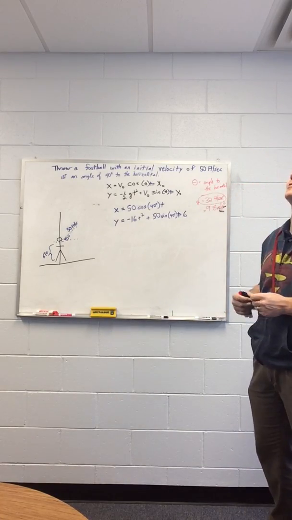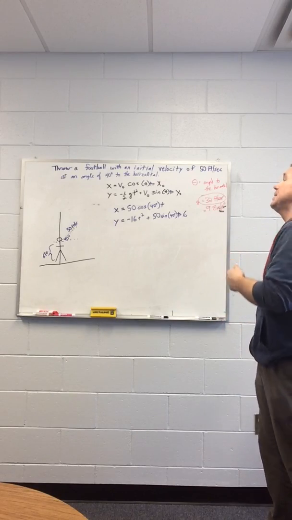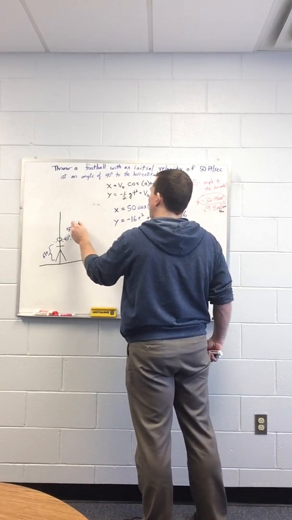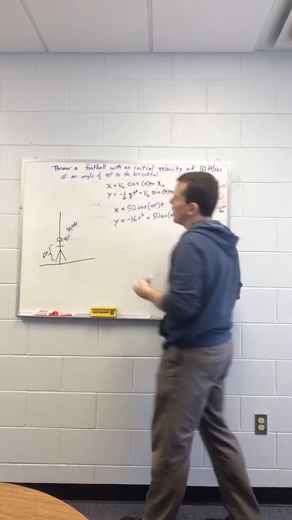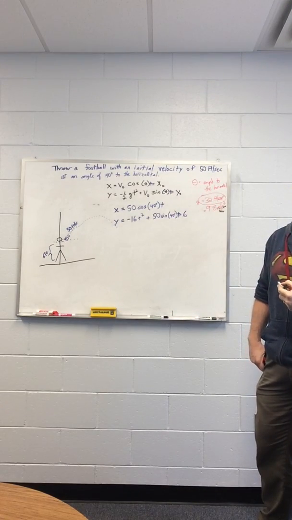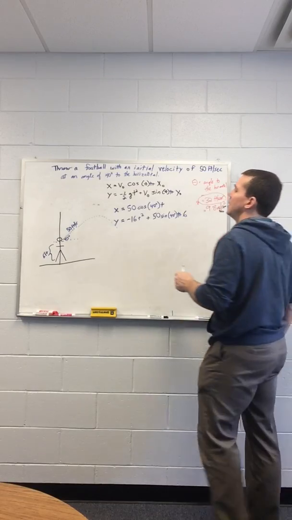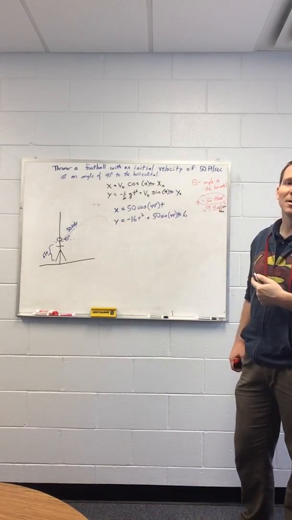If I'm throwing a football, I would want to know how long it's in the air. If I launch it this way to a receiver, I want to know how long it's in the air until it hits the ground. Well, when it hits the ground, the y value has to be 0.